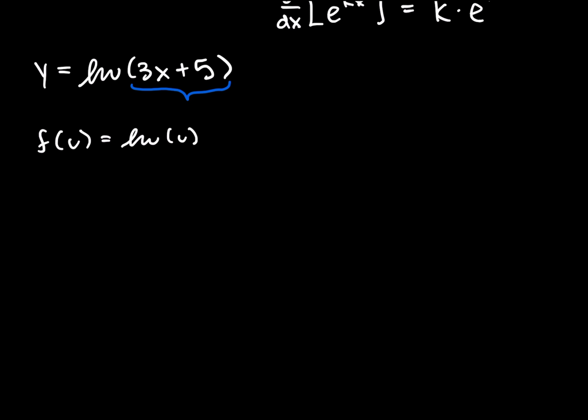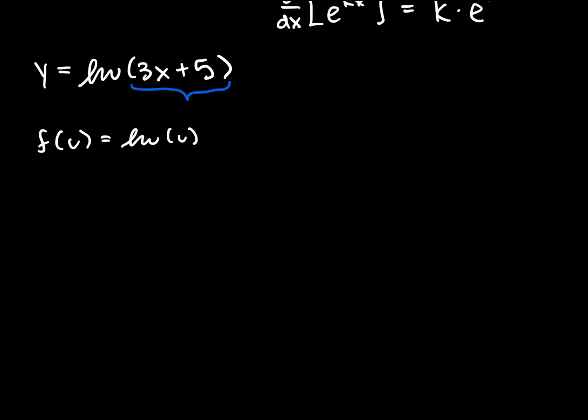And I guess a good way to remember this is that the f of u will always be something that you are plugging something else into. Like in this case, we are plugging 3x plus 5 into ln, and with our exponential example, we are plugging 8x into e to the x.